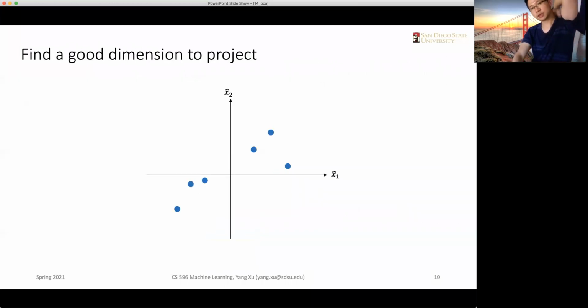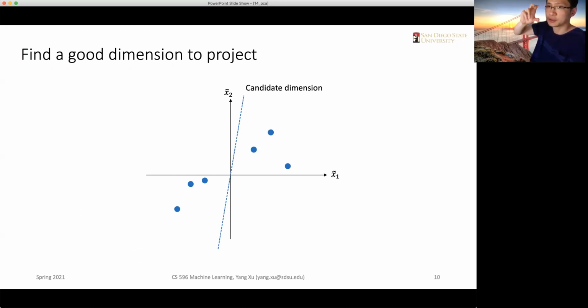Let's turn the problem into finding a direction onto which all the data points are projected. After the data points are projected onto that direction, we can measure the relative variance of the projected data points, and we want to maximize that measured variance. For example, we randomly draw a dashed line, which can be some candidate dimension.